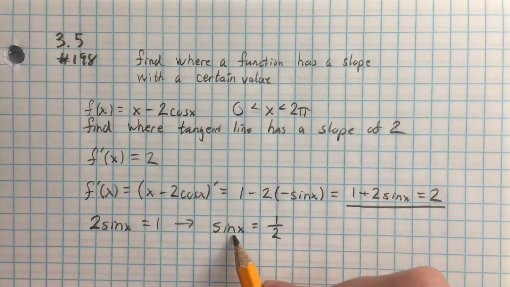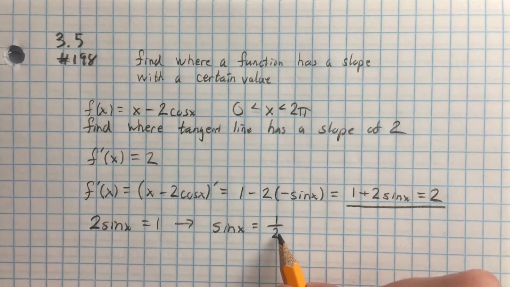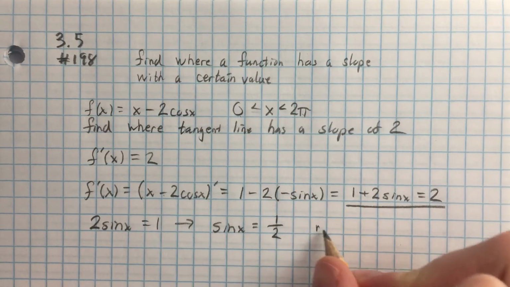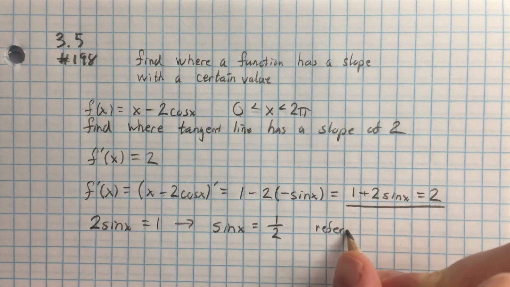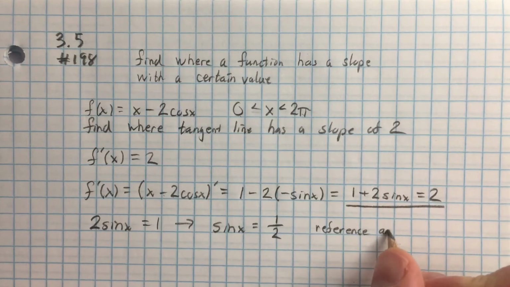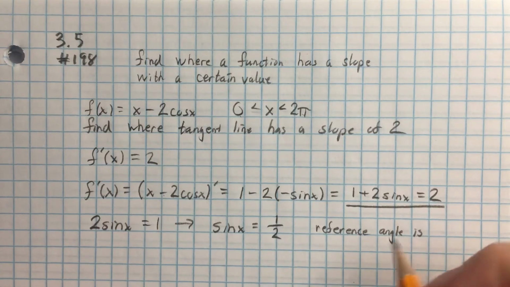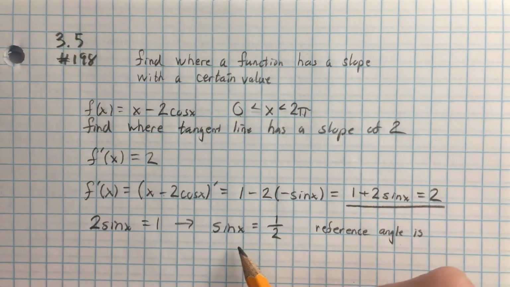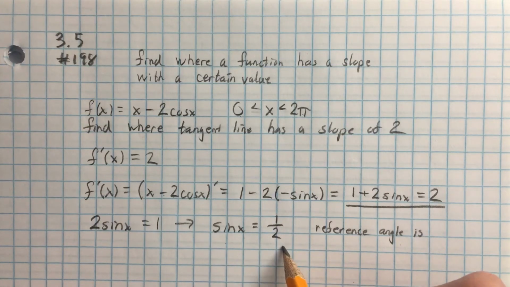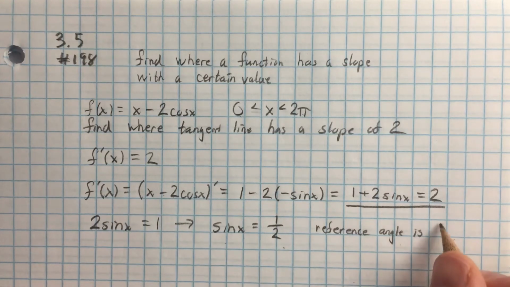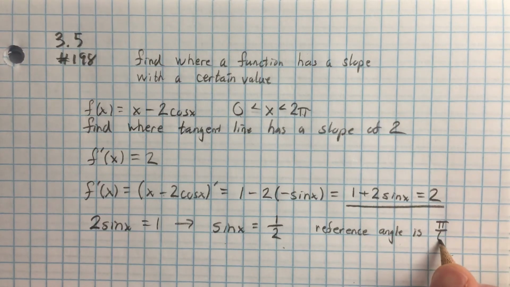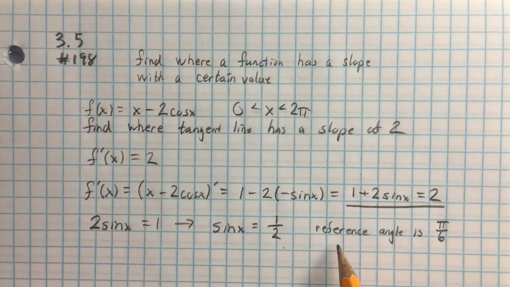All right, so for sine x equal to 1/2, it would mean that the reference angle we're talking about would have to be the angle we have memorized that causes sine to become 1/2, which is pi on 6. Okay? So pi on 6, which I memorized from, again, basic trigonometry. The reference angle is pi on 6.